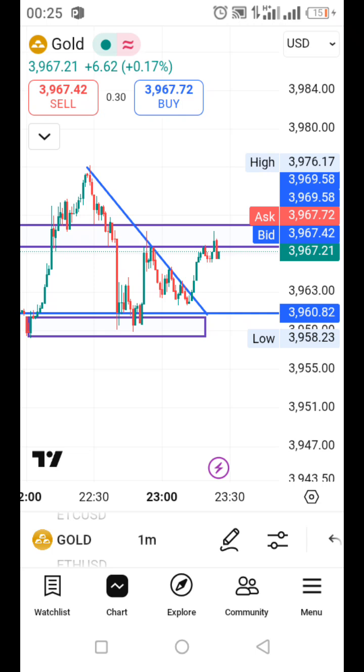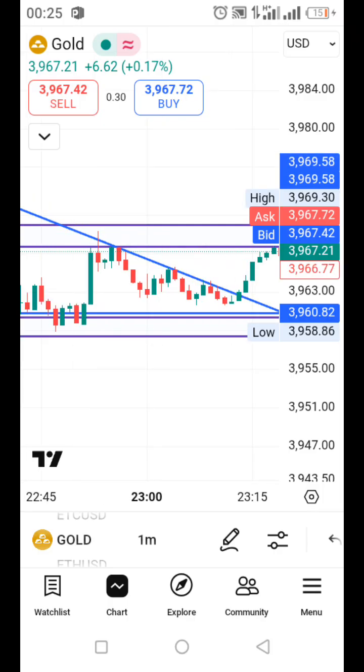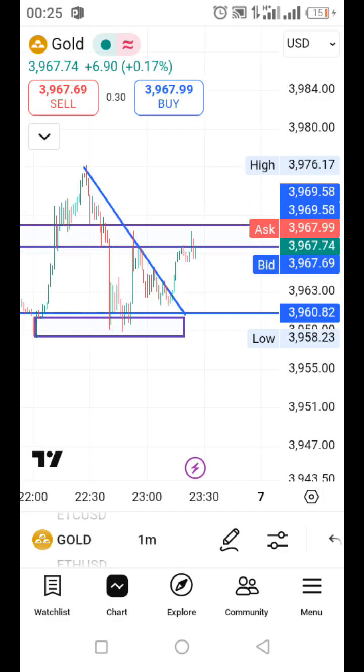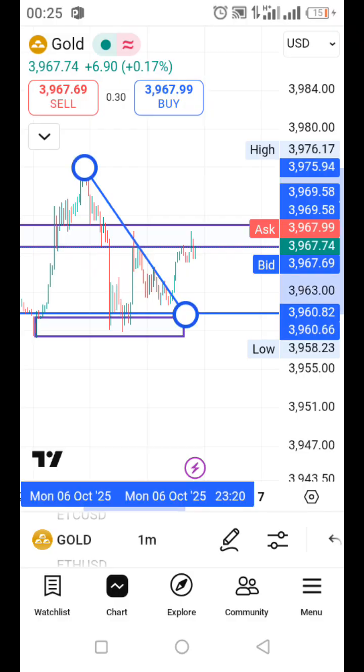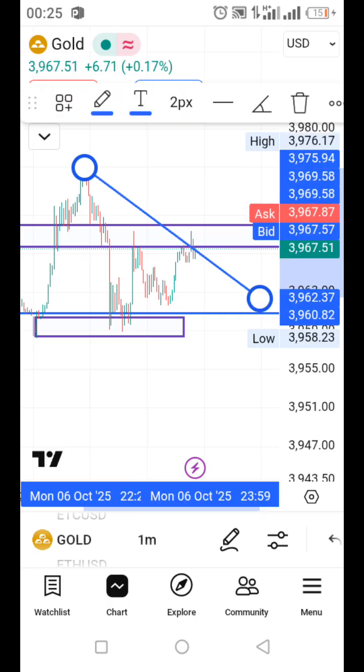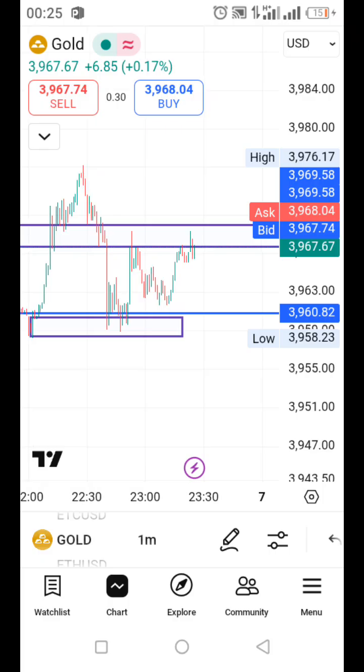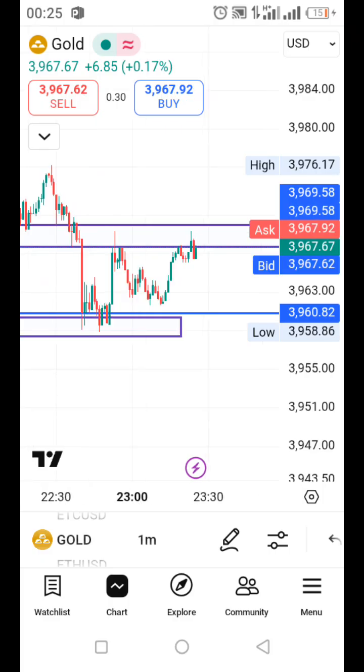Let me remove this trend line. There's no need for the trend line.